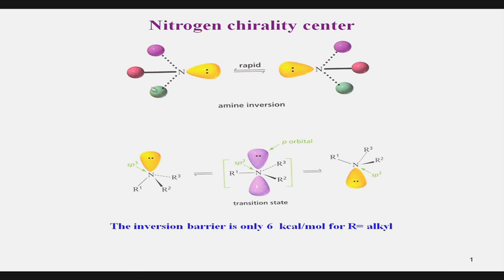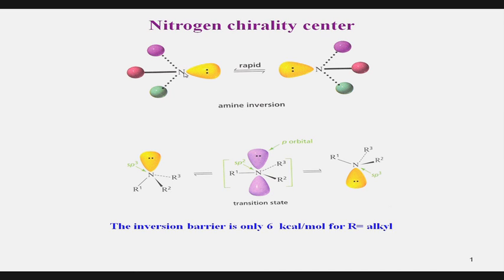So, these three groups are different, and the lone pair is obviously another entity, different from the ligands, but that is also considered as a group or a ligand attached to the nitrogen. So, the lone pair is also here considered as a group attached to the nitrogen.